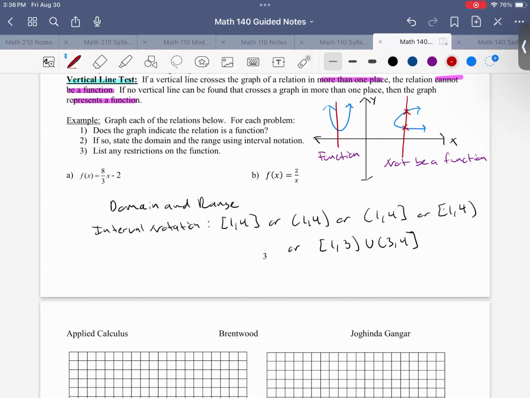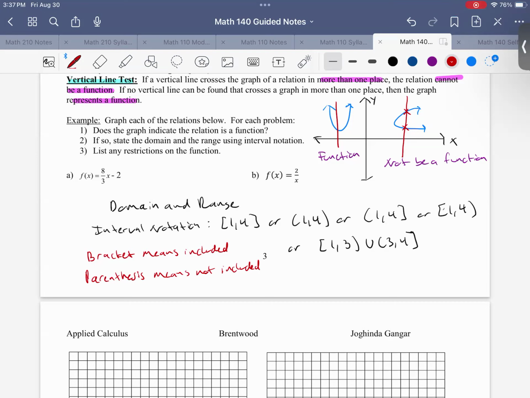A couple of reminders: the bracket means included, and a parenthesis means not included. Okay, so that's some brief review of domain and range and interval notation.